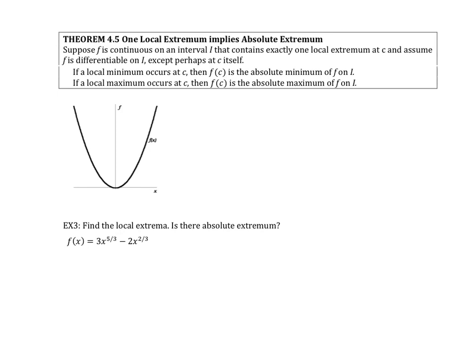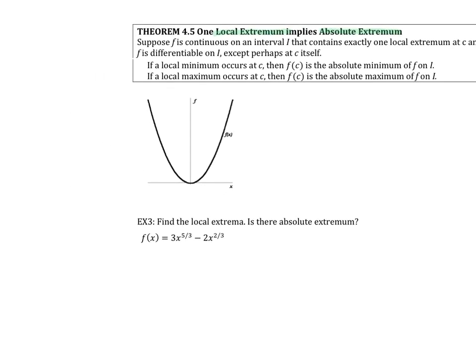So the next theorem we're going to look at is theorem 4.5. What theorem 4.5 says is that if there is only one local extreme value, then that is also the absolute extreme value. A very simple example would be this parabola. Notice that we have one critical point at 0.